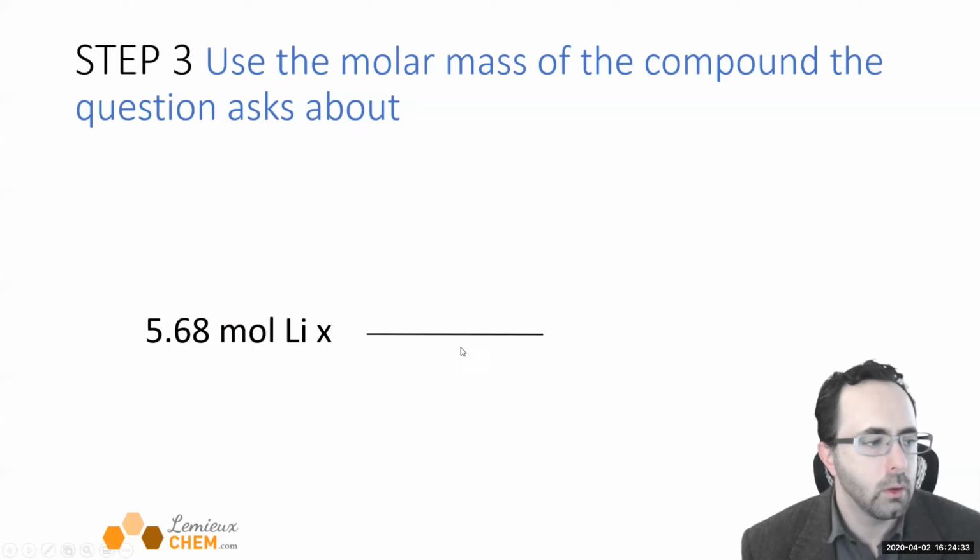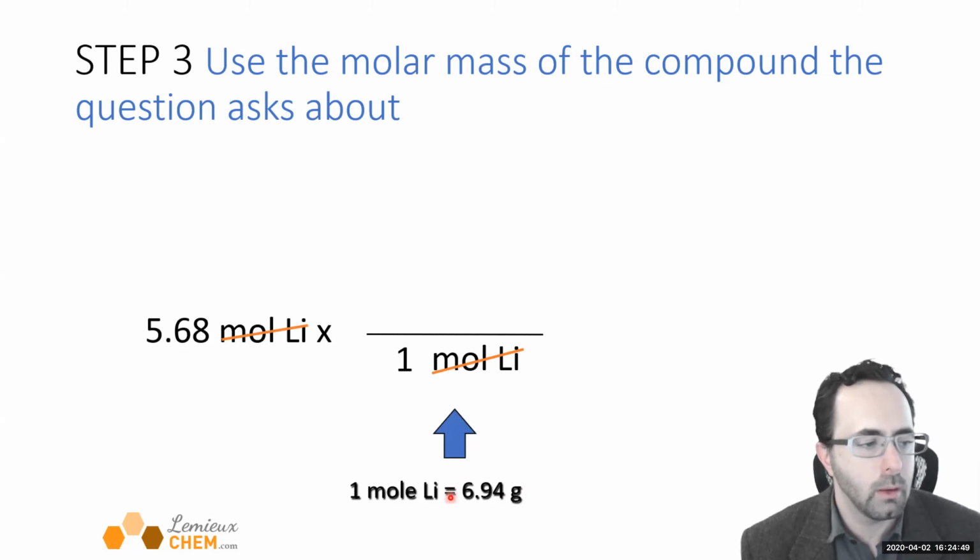We know that the unit here has to be the unit right there so that it will cancel. We'll be using the molar mass, so we'll have the mass of 1 mole of lithium. Moles of lithium will cancel. And we saw from the periodic table just now, a mole of lithium is 6.94 grams of lithium. So the other side of the equals will be 6.94 grams of lithium.